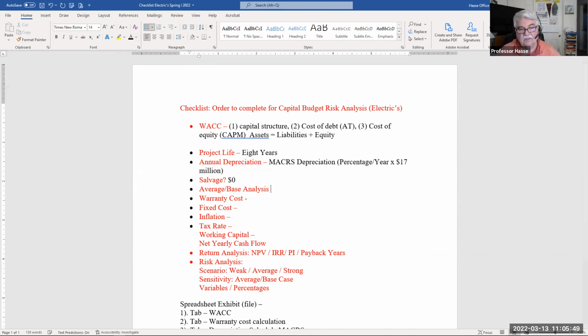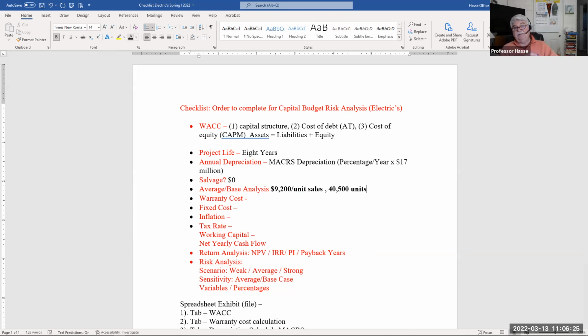You are to do originally the average base case analysis. The average base case analysis is your very first calculation, just like in case number 3, is the average case scenario with a revenue per unit of $9,200 per unit revenue, or let's just call that sales, and 40,500 units of output.